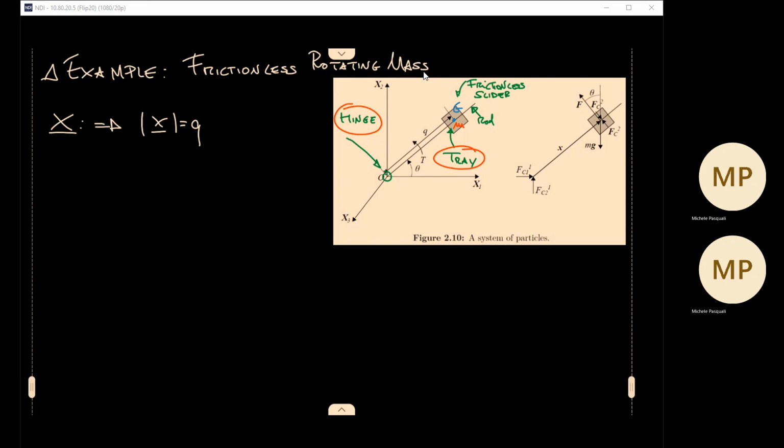Here we have G. Of course, here we also have theta. So this is our theta.